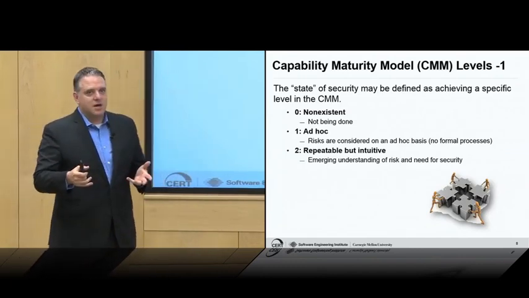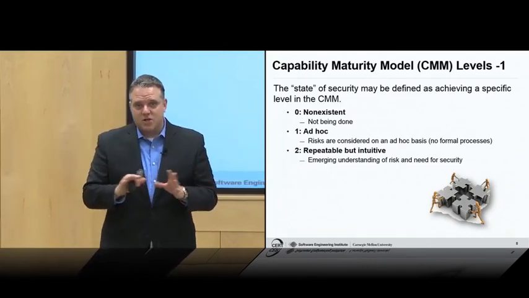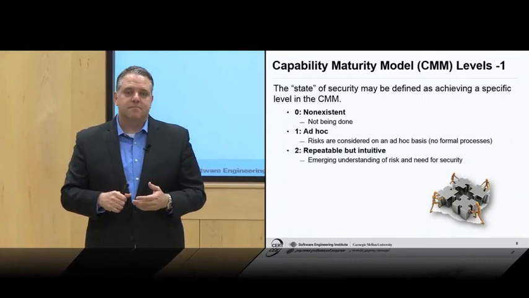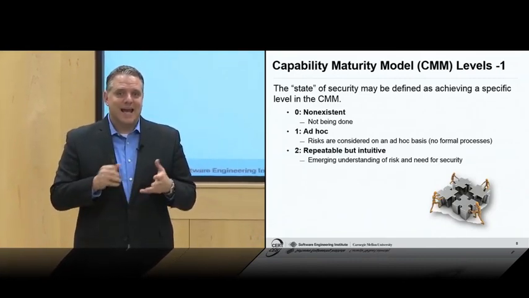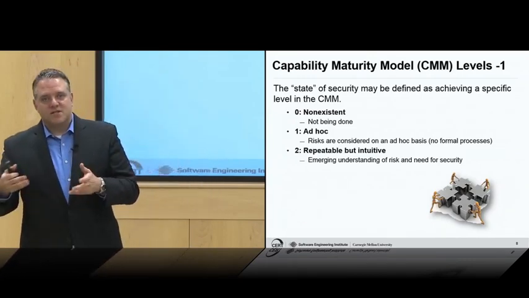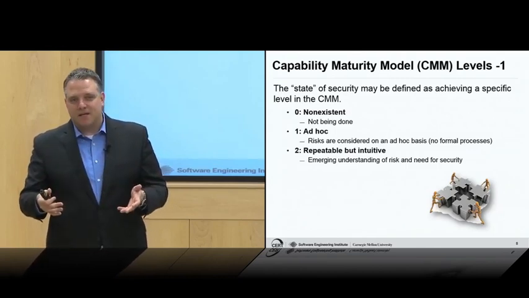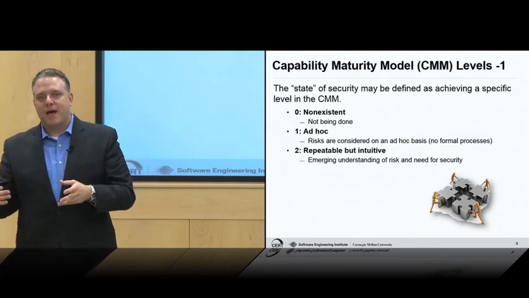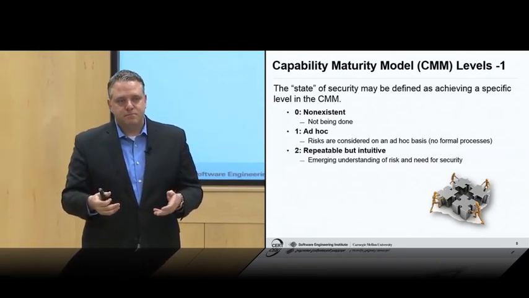If you're at maturity model level 0, you're not doing it. Not doing it at all, not even considering it. If you're at a maturity level 1, it means you are doing things in an ad hoc nature. So you might be doing it, but the risks associated with whatever it is that you're trying to manage may not be considered. There's no formal process for managing risk. And so your overall maturity level is a 1.